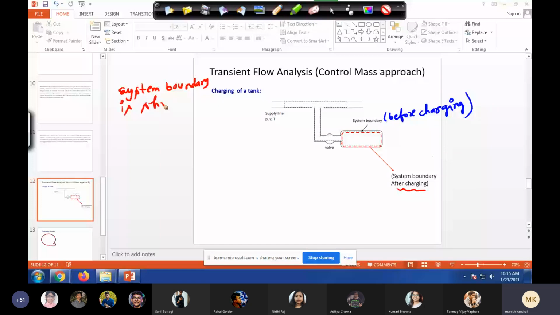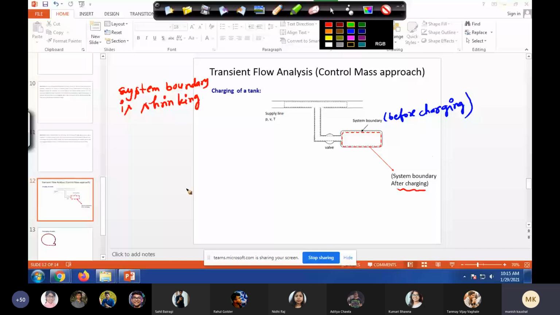Perfect. Now see how it will happen. It's very important to imagine how it will happen. Okay, so let's say in the beginning, maybe I can use a different color. So in the beginning you have this. Okay, let's make a simplified picture just to understand this concept. Let's say this is my tank.